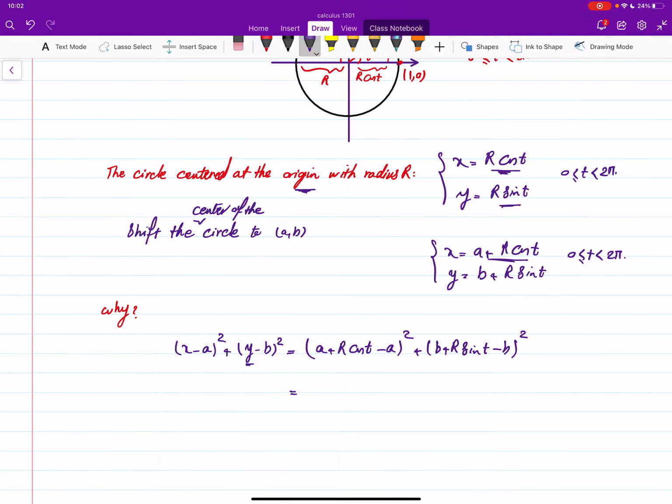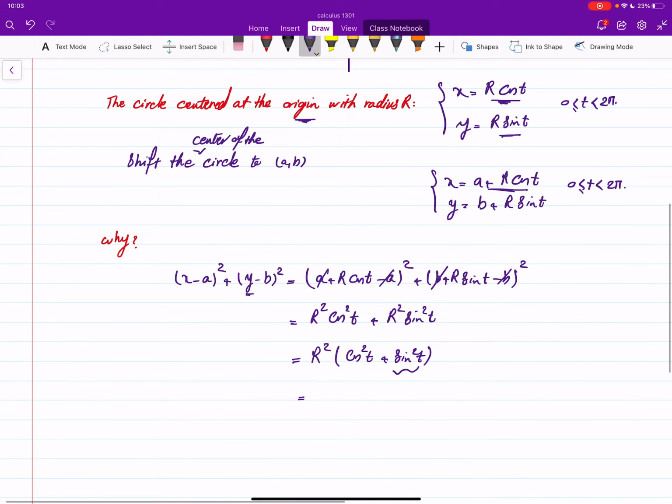This is equal to, this cancels with that, and we get r squared cosine squared t. This cancels with that, and we get r squared sine squared t. If you factor out r squared, this is our friend: sine squared plus cosine squared is equal to 1. So you multiply that by r squared. What we showed is that (x minus a) squared plus (y minus b) squared is equal to r squared.